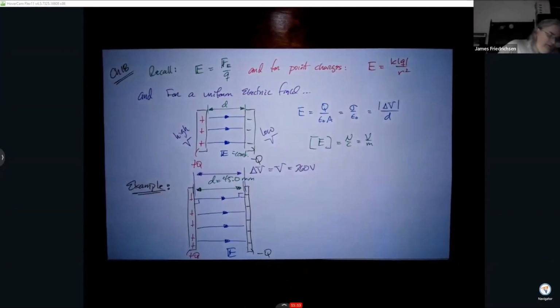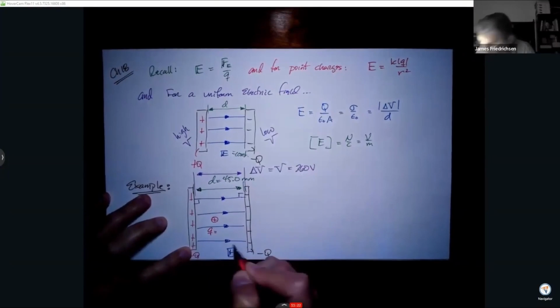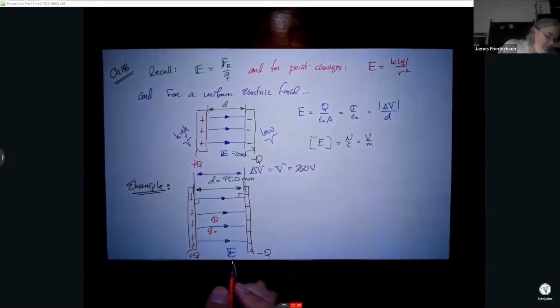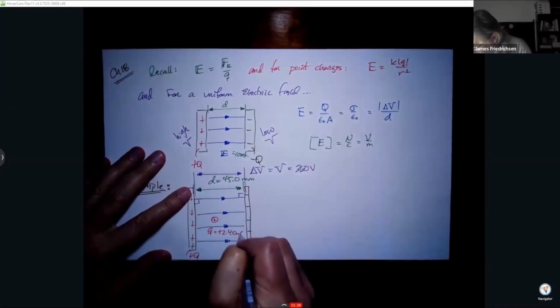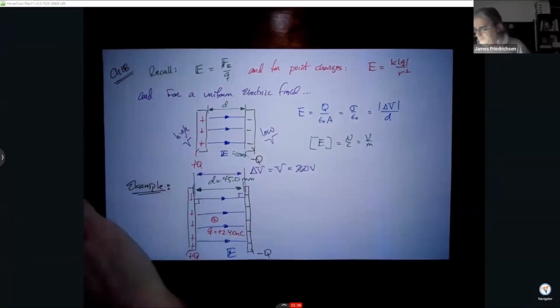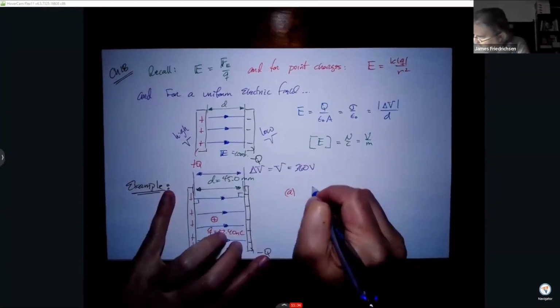We want the magnitude of the field and the magnitude of the force this field exerts on a particle. So we're going to put in a little particle here, and the charge on that particle is plus 2.40 nanocoulombs.